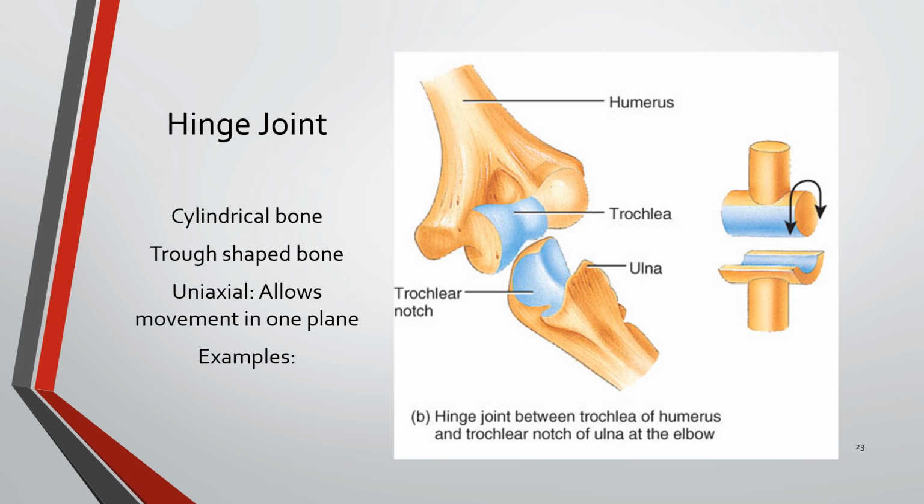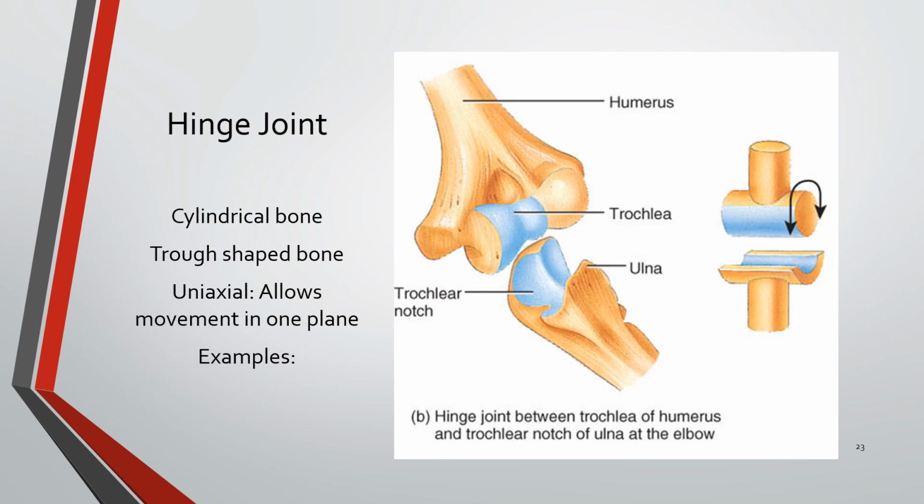So uniaxial means that it moves in one plane of motion. Examples of hinge joints within your body would be your elbow, shown in this image. Also, your knee is considered a hinge joint, and your fingers are also considered hinge joints. With these hinge joints, the major movements that we can have are flexion and extension.